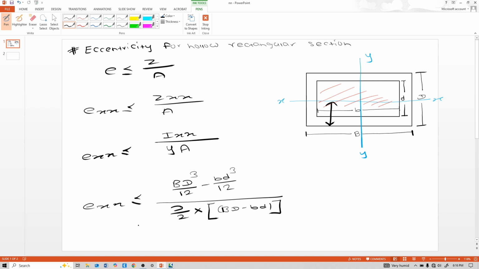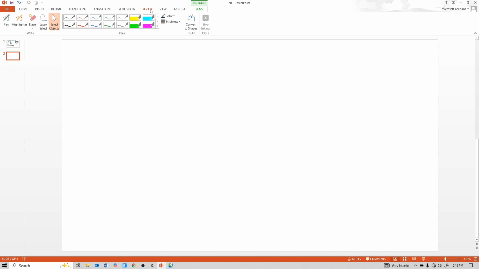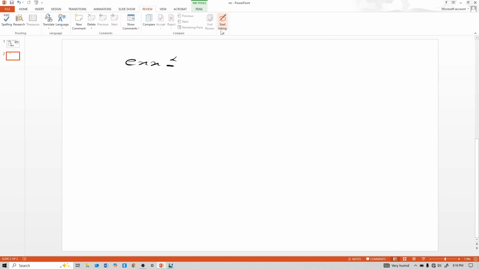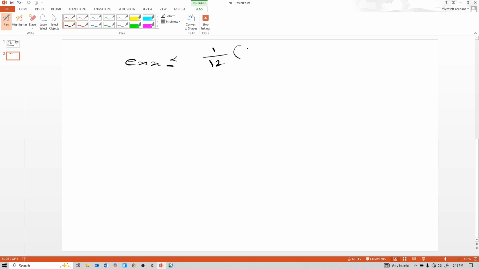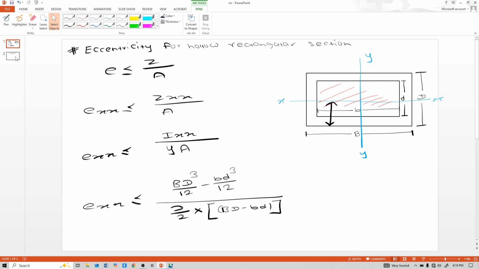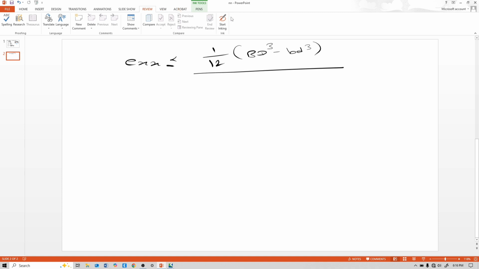So rearrange it mathematically. exx should be less than or equal to 1 by 12 into (B D cube minus small b small d cube), divided by D by 2.